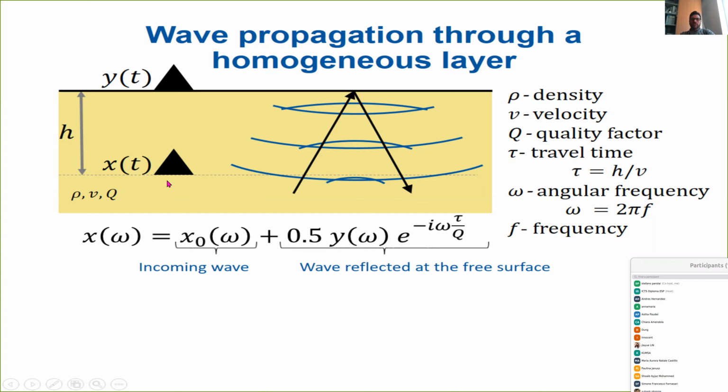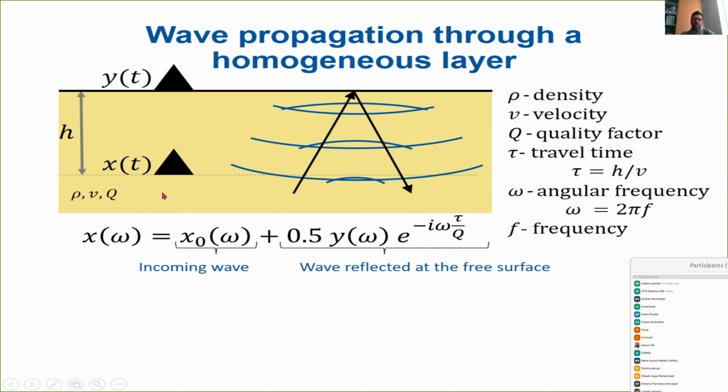So we can describe the ground motion, assuming that the medium here is homogeneous, in a very simple way. The recording that I have here in the ground will depend on the input motion that we have here. So we are not discussing in terms of time series, but this is the Fourier transform of the recording here. So it will depend on the incoming wave coming from below that we call x0 of omega.